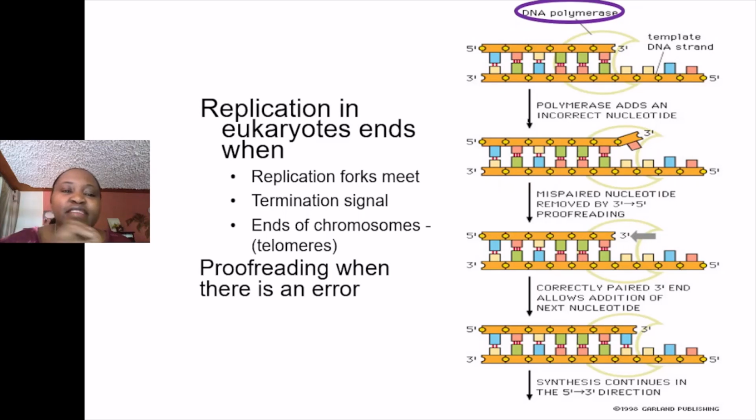It has to be in different sections, then they all meet. Once the replication forks have met, replication comes to an end. We also have termination signals that will be issued, and DNA replication will come to an end. Another end is when we come to the end of the chromosomes, which are called telomeres.